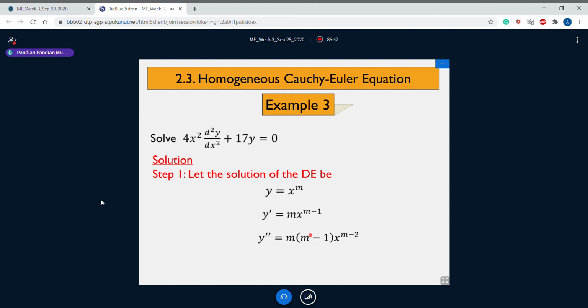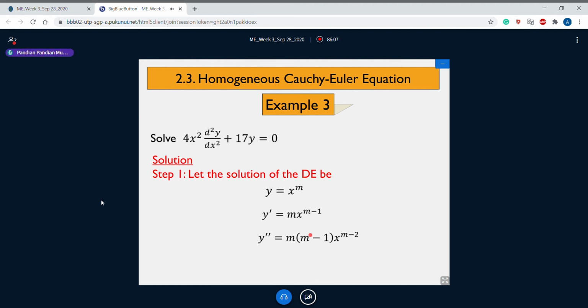You must remember that. You must match this equation, 4x squared d squared y dx squared plus 17y equals 0, with that general equation. Then from there, you can find your A: A is 4, your B is 0, and your C is 17.